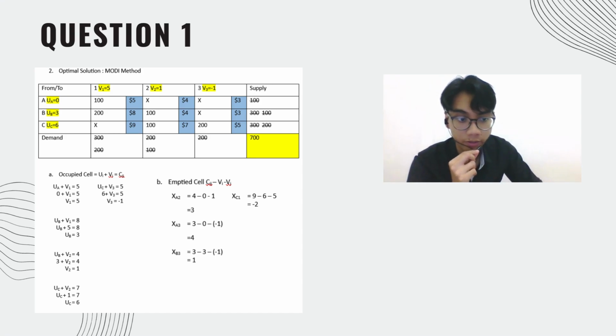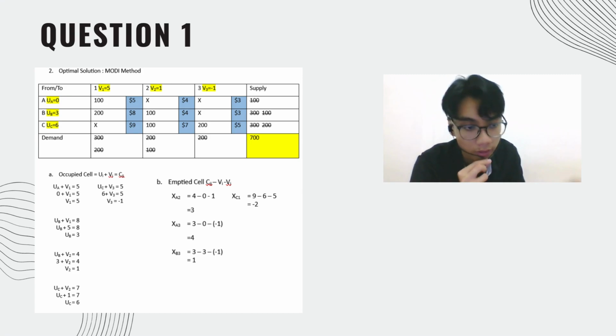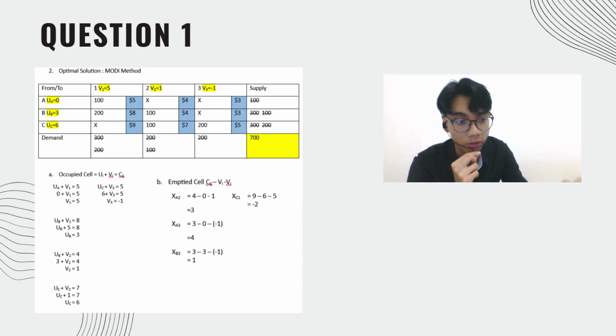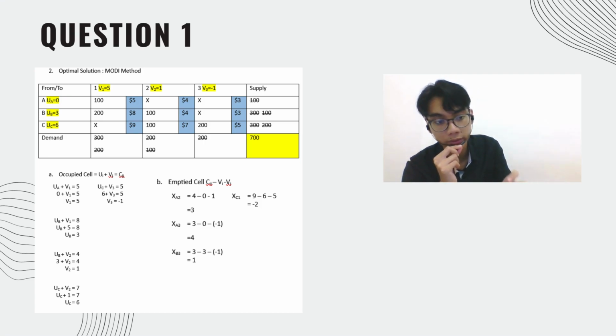So for V1, we need to find the V1 value. Ua is always equal to 0. So in this formula, Ua plus V1 equals 5. We substitute the Ua value, which is 0, so 0 plus V1 equals 5, and V1 equals 5.